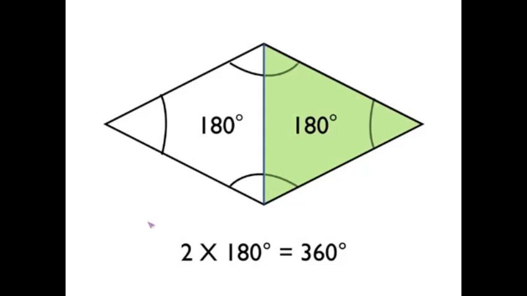But the quadrilateral is made up of both triangles. So we need all of the angles in both those triangles to make up the angles of the quadrilateral. So two lots of 180 degrees make up the 360 degrees which we have in this quadrilateral.